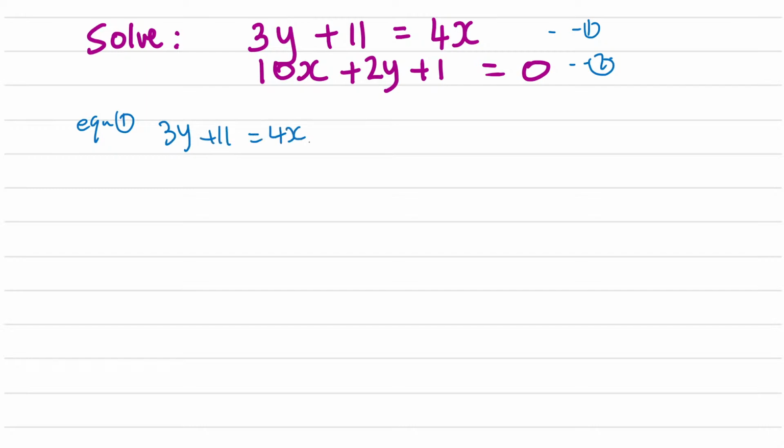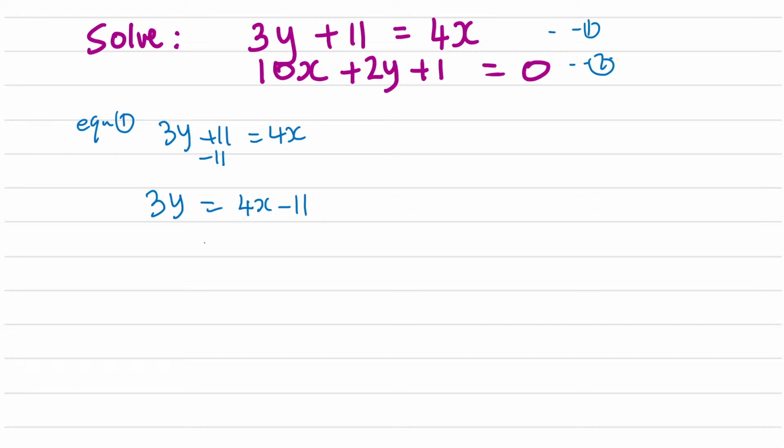What we want to do is have y and x on the same side and the number on the other side. So we're going to take away 11. This means we're going to have 3y equals 4x minus 11. And then we're going to take away 4x.